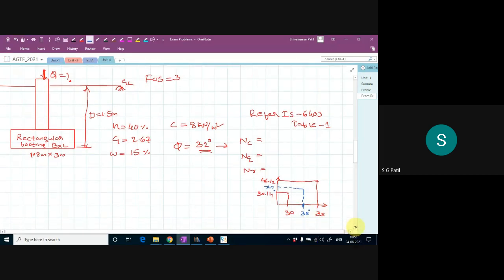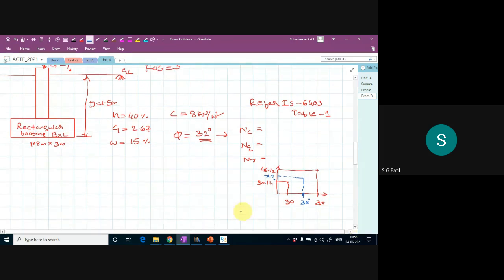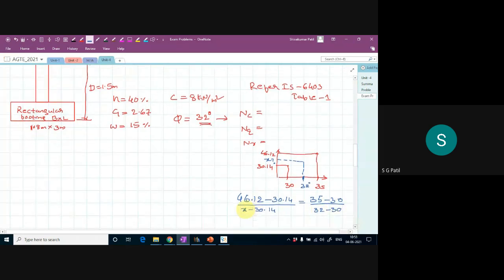So that is your interpolation. Only the unknown is x here.